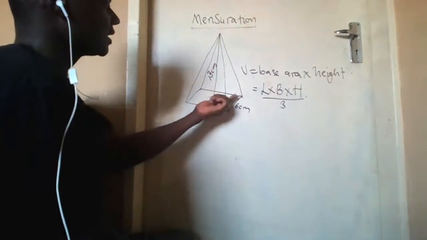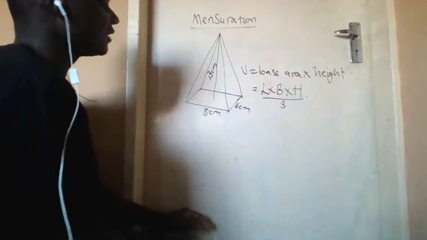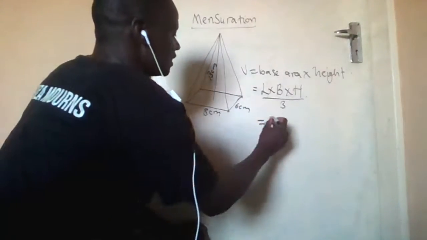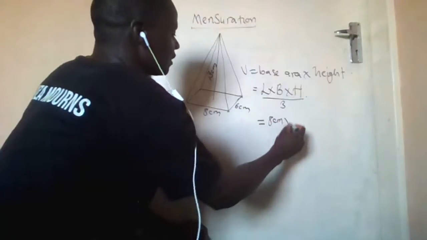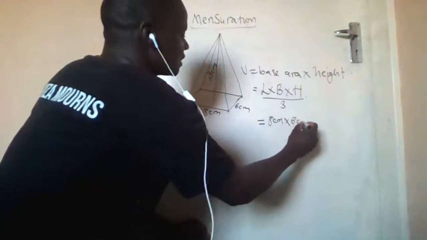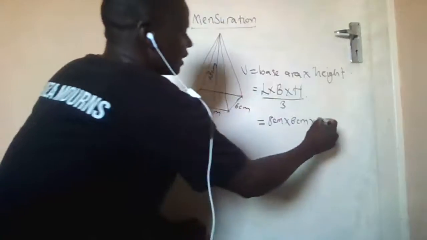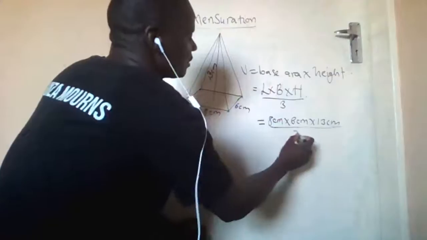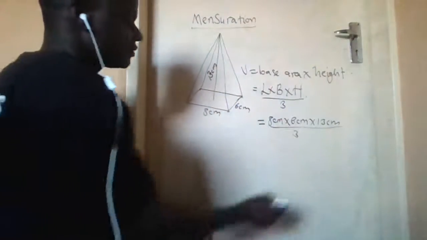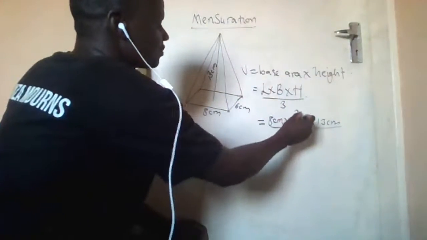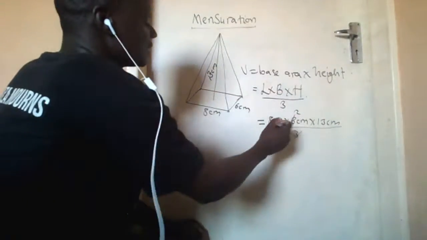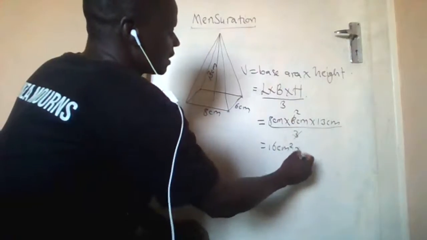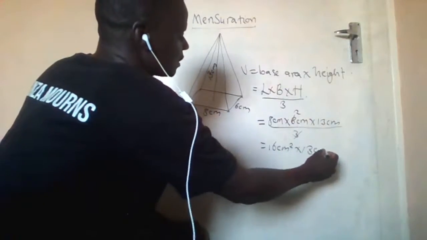Now, if this is the question that you're given, it's simple. Just substitute the values. The length is 8 centimeter by the breadth 6 centimeter by the height, which is 13 centimeter. Then later on, you divide by 3. But you know that 3 can reduce 6 by 2. Then 2 times 8 is going to be 16 centimeter squared, then times 13 centimeter.